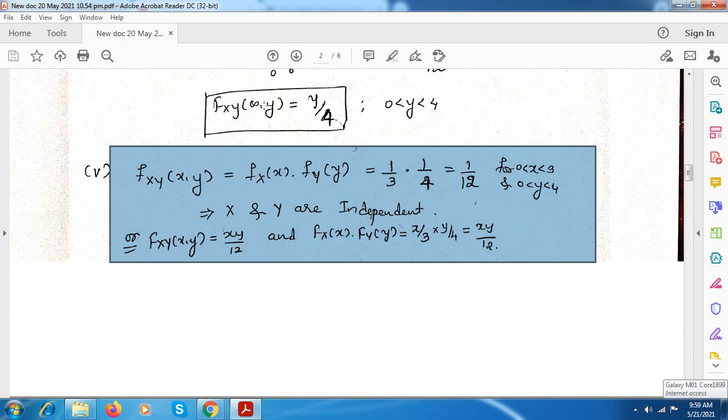Here when x is equal to infinity, this value is y by 4. Here this fx of x, when y is equal to infinity, you have calculated it as x by 3. So in this problem, x and y random variables are independent.